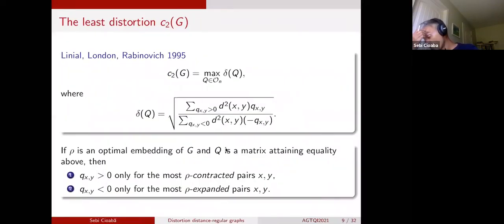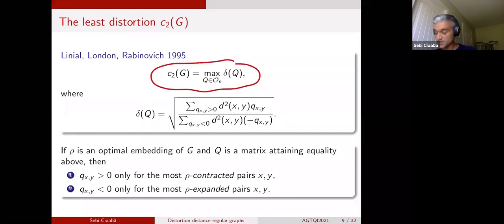Now they prove more. I just rewrote the previous characterization on the top, and they prove that if you have an optimal embedding rho for the graph, and you have Q, a matrix that attains equality in this bound here, then you will know something about the pairs xy where Q of xy is positive, and you'll know something about the pairs xy where Q of xy is negative.